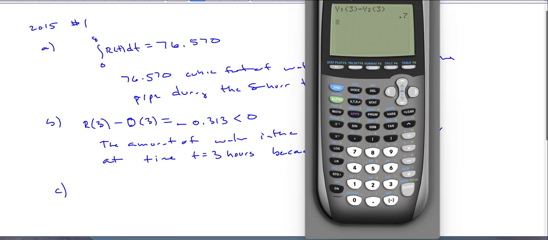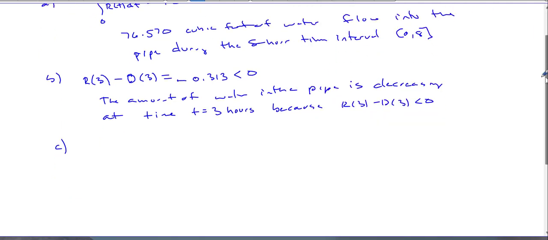So, candidates test, what are we considering? We're considering when the rate in minus the rate out equals 0, which, check this out, guys. If you add the rate out to the other side, you're looking for when the rate in equals the rate out.